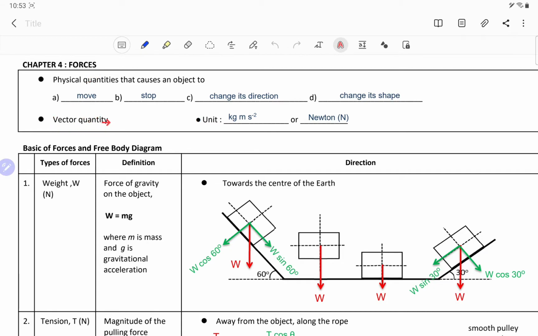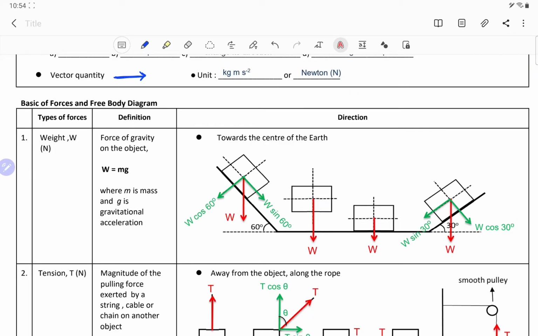So bila kita kata vector quantity, the value you should give with the magnitude and direction. And then vector quantity represented by arrow. When we want to draw a free body diagram, we are going to use a lot of arrows. Okay, so the unit for force is Newton.